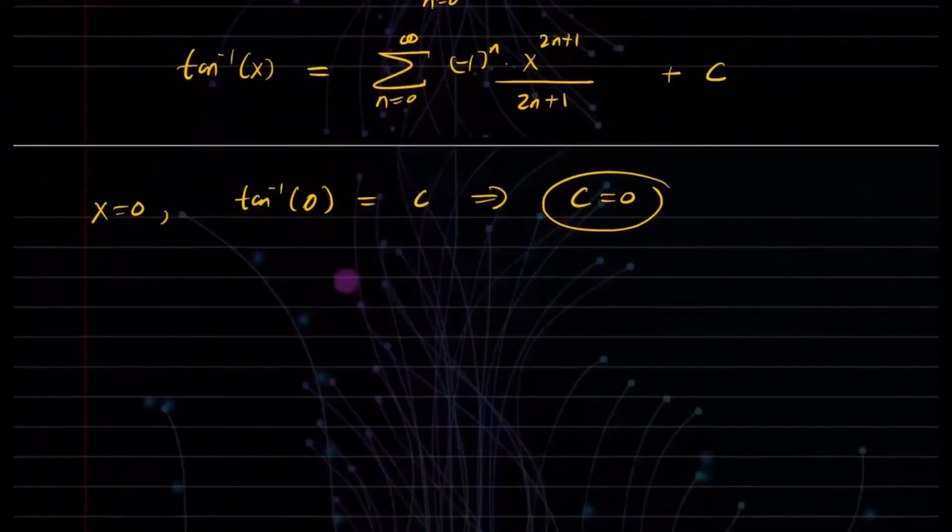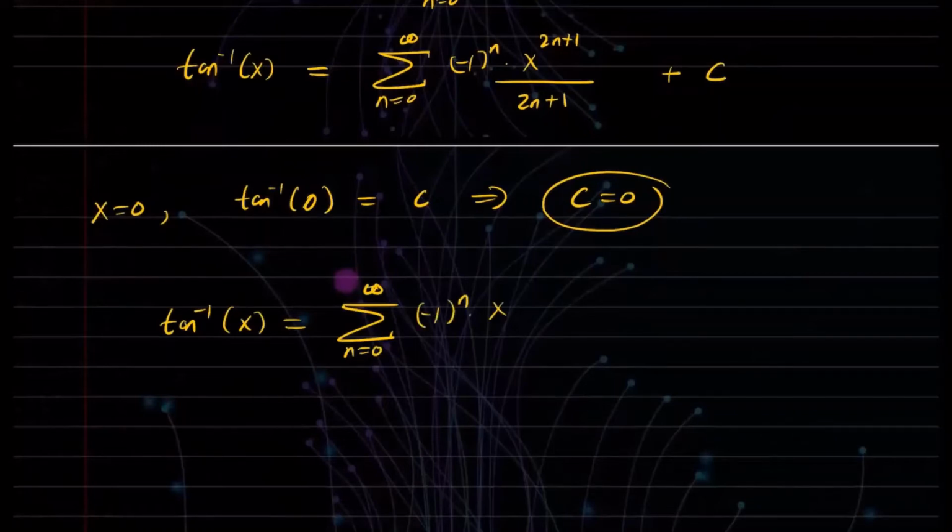So our final answer, we're able to express tangent inverse as a power series centered at 0 as this, the sum from 0 to infinity of -1 to the n times x to the 2n plus 1 over 2n plus 1. And this will converge for the absolute value of x less than 1.